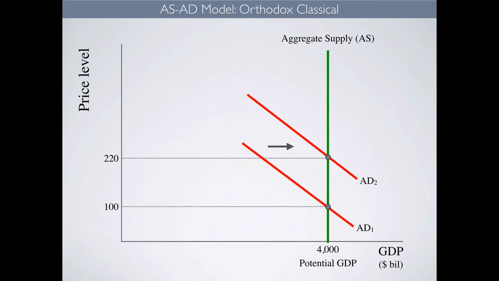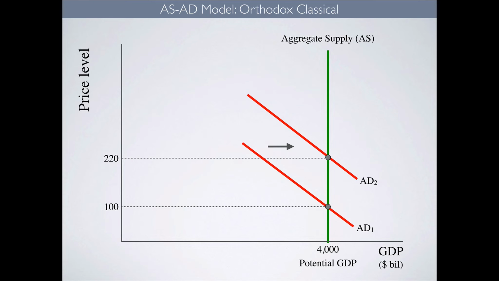So what would things look like from the orthodox classical perspective? Remember, this is the perspective that was dominant in economic theory before Keynes. In the orthodox classical perspective, the aggregate supply curve is always vertical. There's no horizontal section; that comes out of the argument of Keynes.